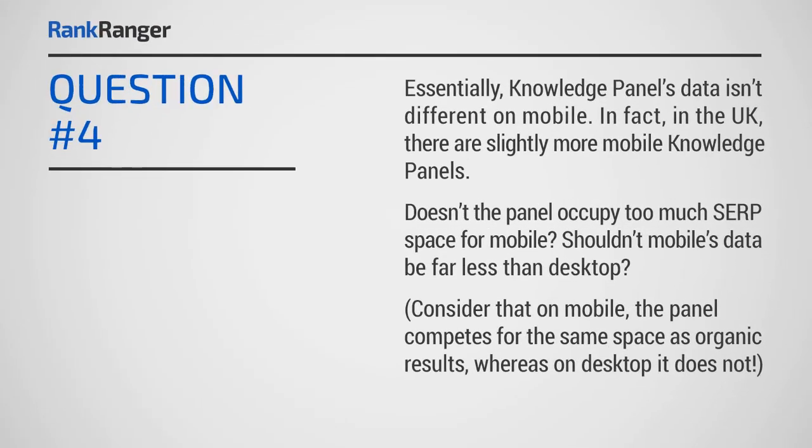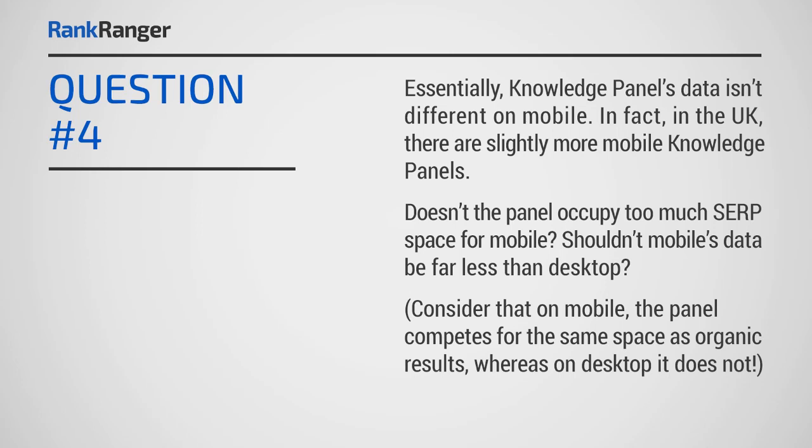This is question 4, right? Now, keep in mind, on desktop, there's no organic competition between knowledge panel and the results. In other words, on desktop, knowledge panel exists on the right-hand side of the page. It's empty space. Google will love to fill it up with as many knowledge panels as possible. Where on mobile, knowledge panel is an organic eater, right? Knowledge panel is a big feature. It's a very, very large feature, and it eats up a ton of organic space.